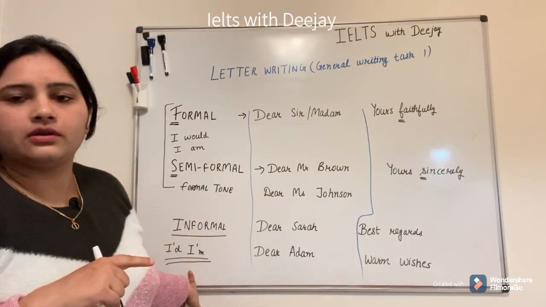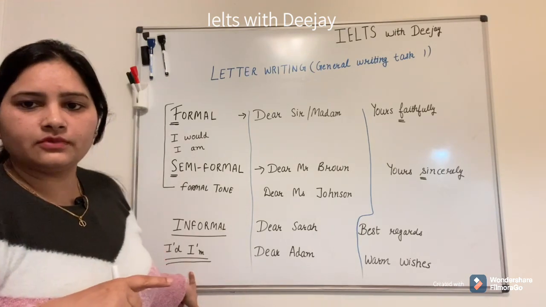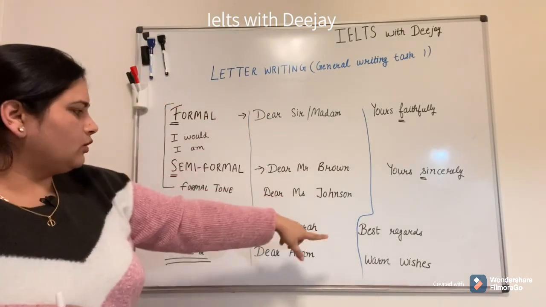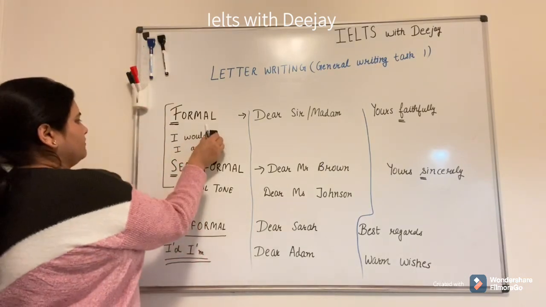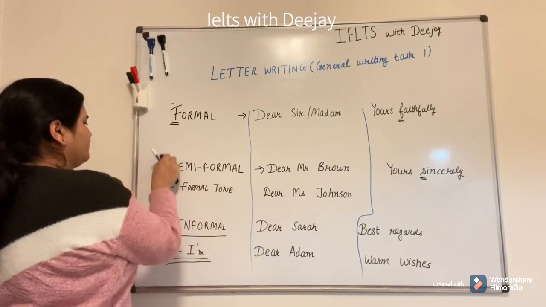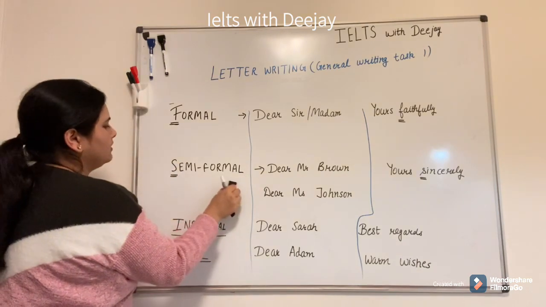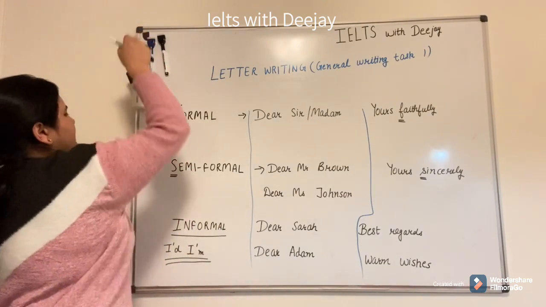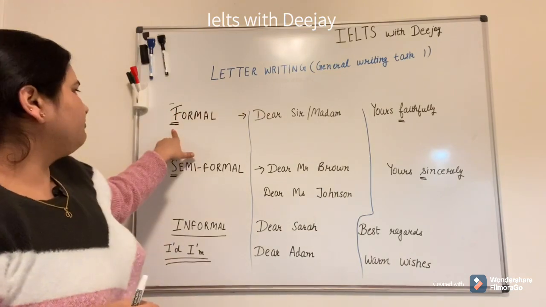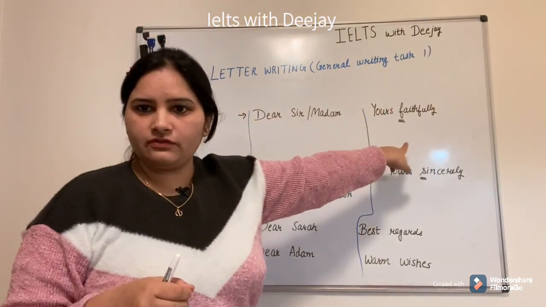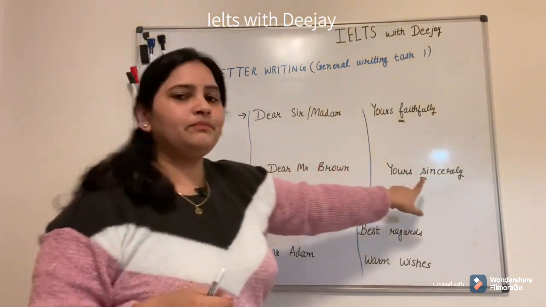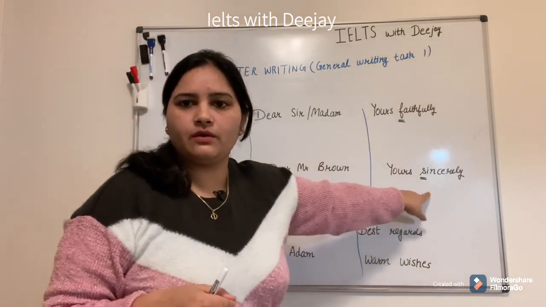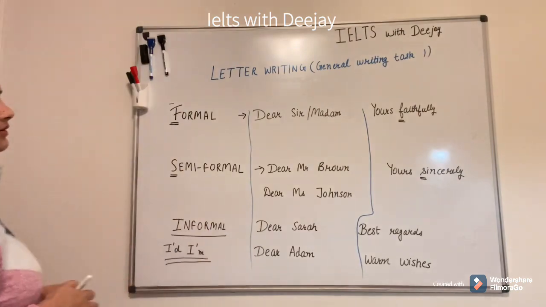This is really important because the tone matters. And this trick which I told you, with F and S, you should learn it. With F, the closing will be Yours faithfully, and semi-formal with S, the closing will be Yours sincerely.